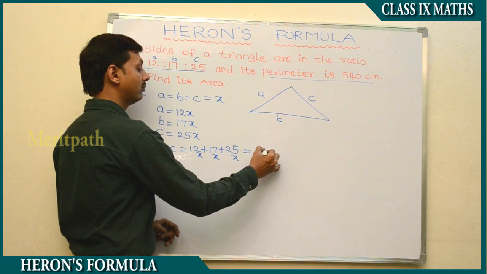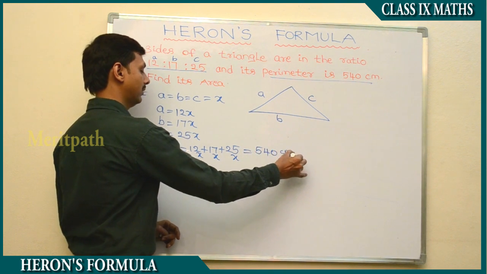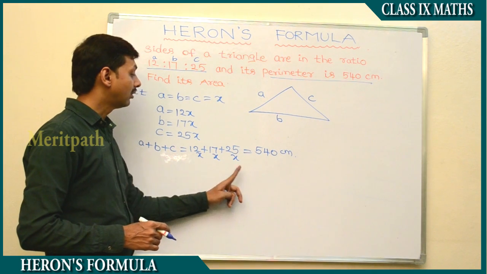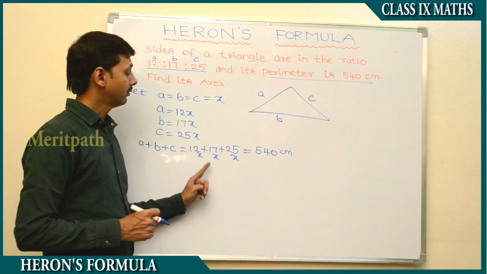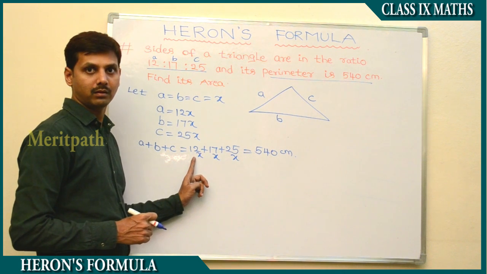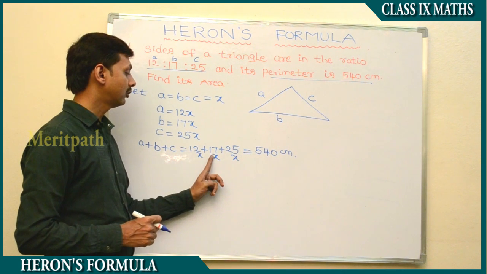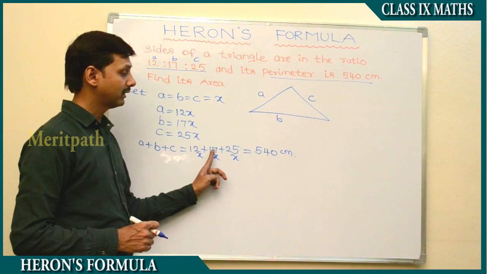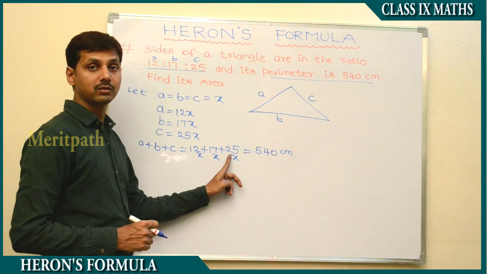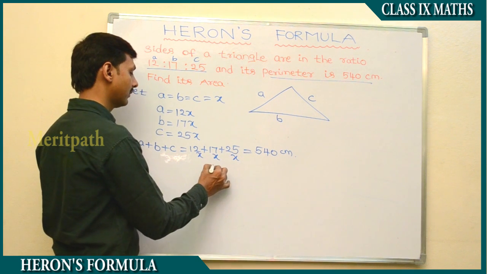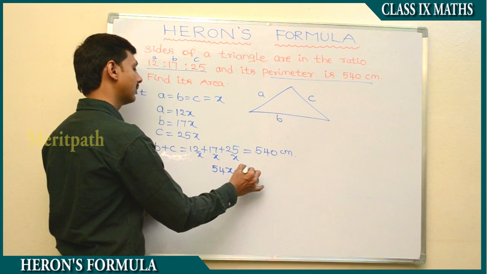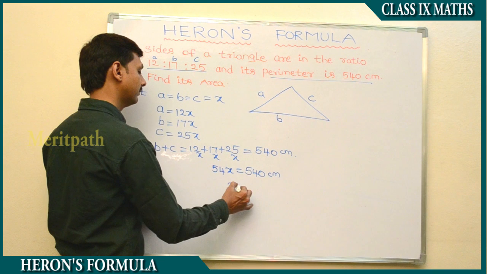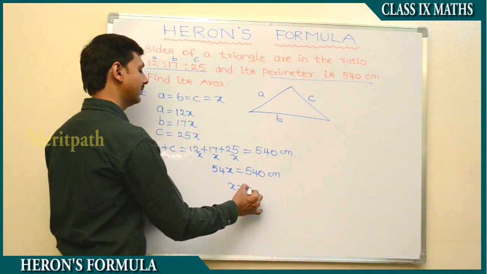These are like terms with the same variable, so we can add all the terms: 12 plus 17 is 29, and 29 plus 25 is 54. So 54x equals 540 centimeters, and x is 10 centimeters.